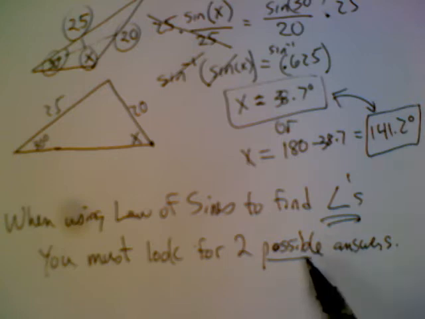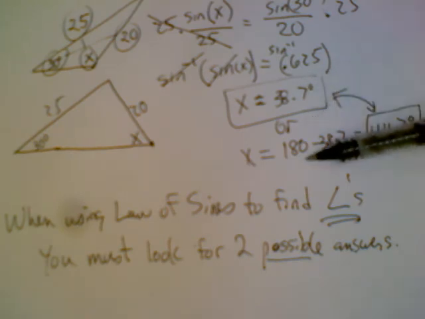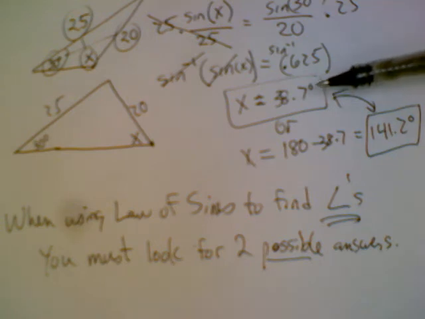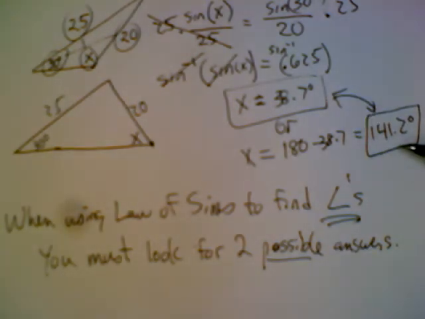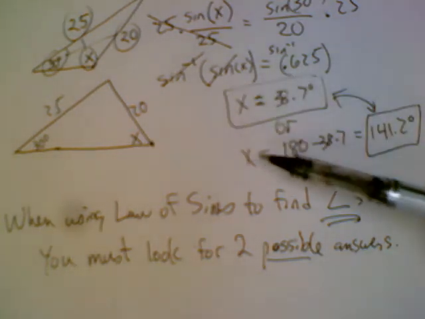You can always find a second answer, and the way you find it is always by subtracting the first answer you get from 180 degrees. The calculator will only ever give you an acute angle answer. You have to consider the possibility that there is an obtuse angle measure. But then you even have to go beyond that. You might have to throw out that obtuse angle measure and tell me in the end, in the final analysis, no, there really is only one good answer to this question.